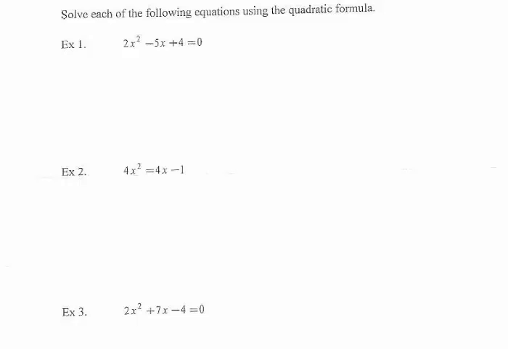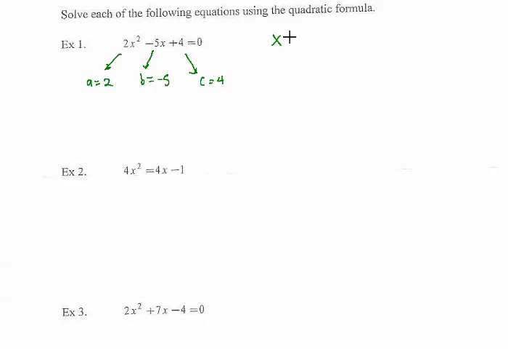Okay, so some examples to work out on the following page. Example 1, we see that it's already in standard form, so we can say a equals 2, b equals -5, and c equals 4.